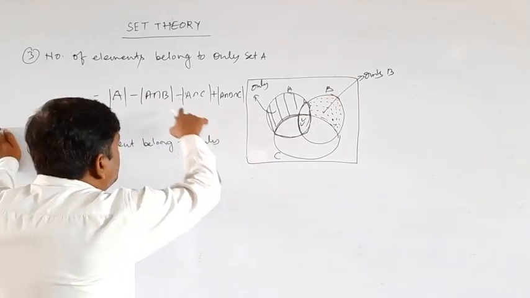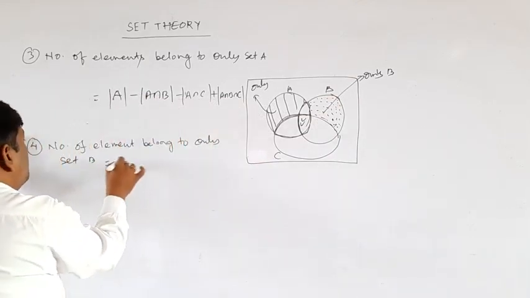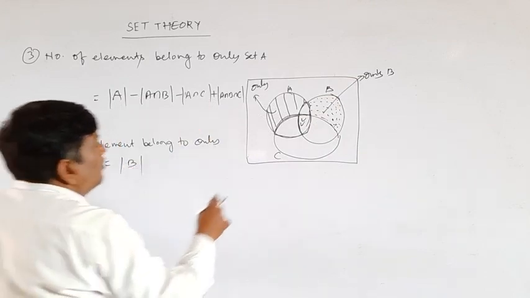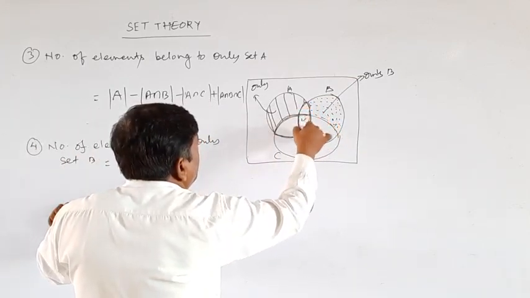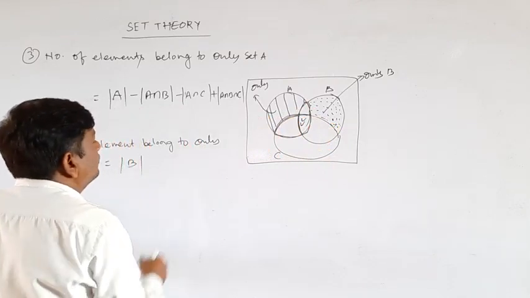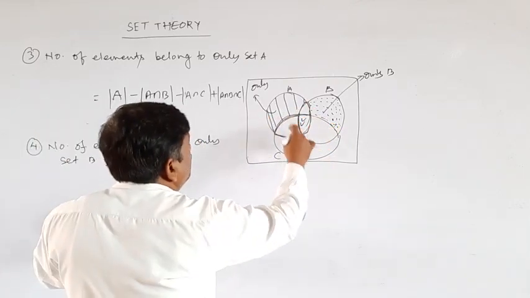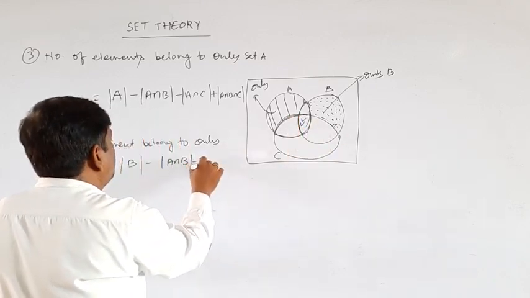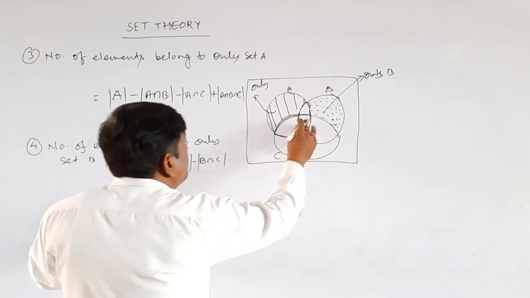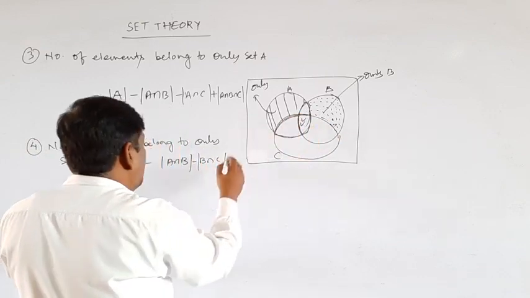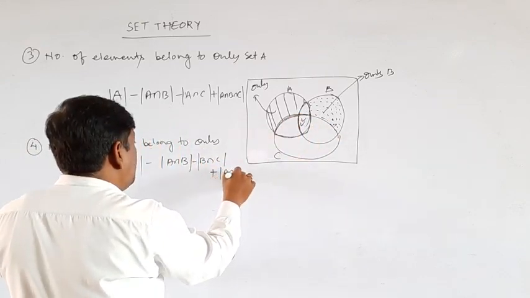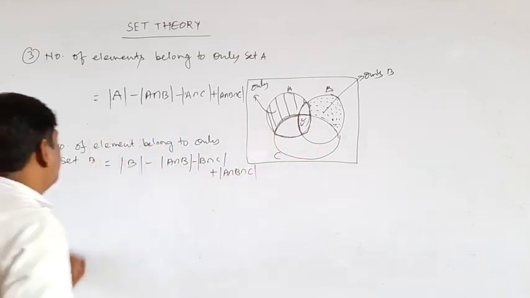Same concept here: it is equal to cardinality of B minus A intersection B minus B intersection C. This region is also subtracted twice, so add it once.